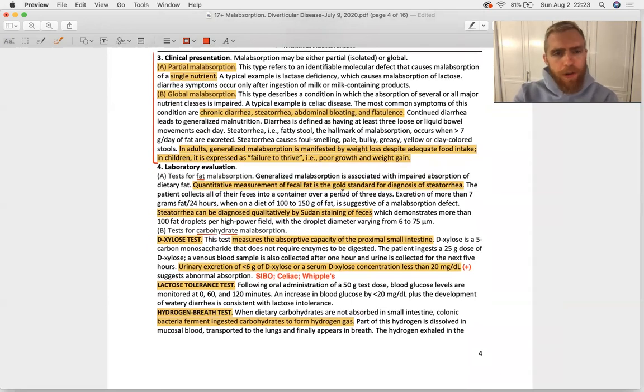Thinking about the clinical presentation of malabsorption, we're going to classify it based on whether it's malabsorption of a single nutrient. You know, you might have an iron deficiency anemia. That's a partial malabsorption. Although that might not be a malabsorption, you get it. A global malabsorption, however, is going to be you are having a very tough time trafficking many nutrients into your body.